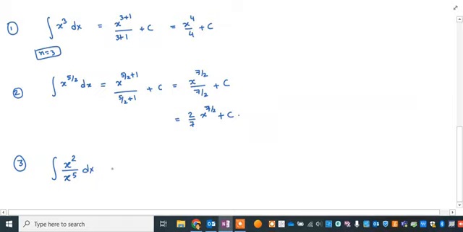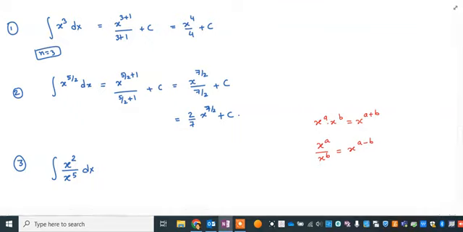In the integration, instead of using this rule directly, you first merge them together if possible and make one term. So here we use the law of exponents, which says that x power a over x power b is x power a minus b. In some questions you may use x power a times x power b as x power a plus b, because the base is same, the powers get added or subtracted depending upon multiplication or division respectively.